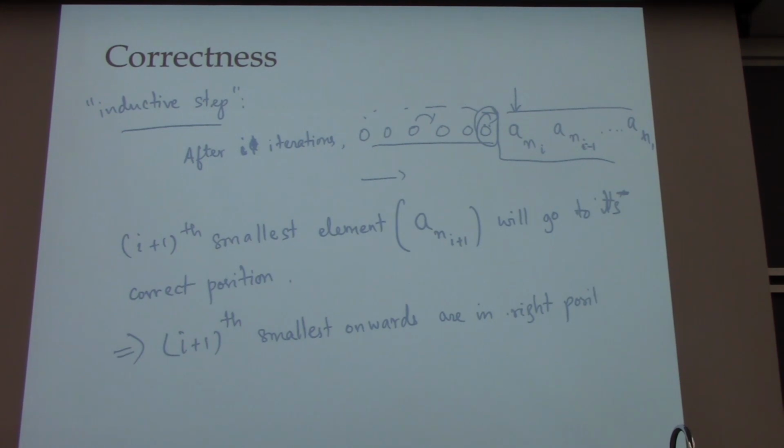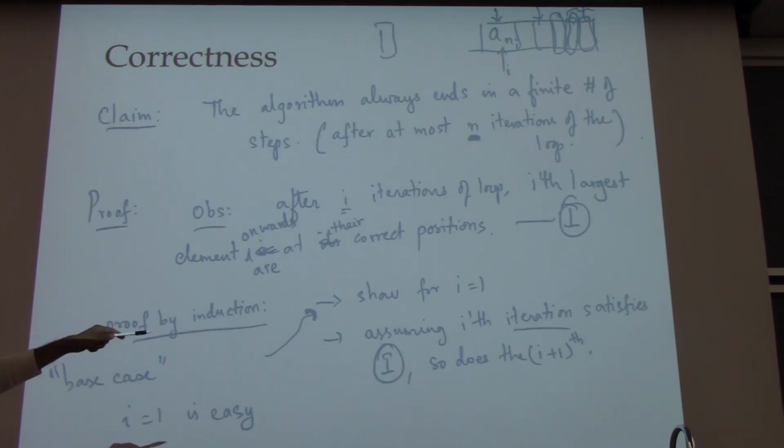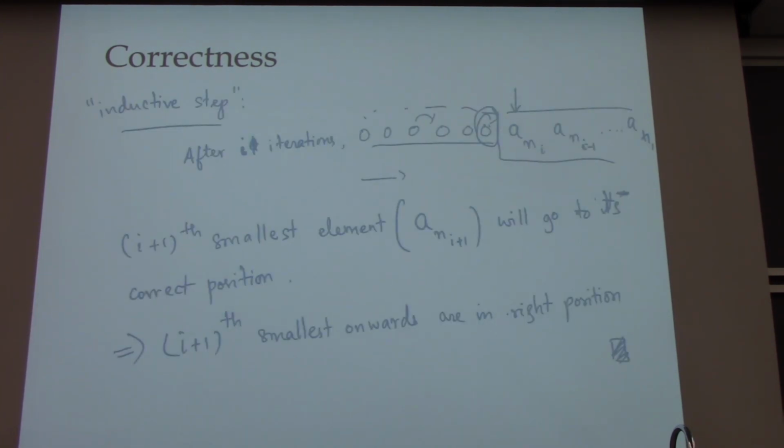And this is what the inductive step is. So this completes the proof, because we just established that assuming the ith iteration satisfies the claim, so does the (i+1)th. I'll pause a little bit for that.